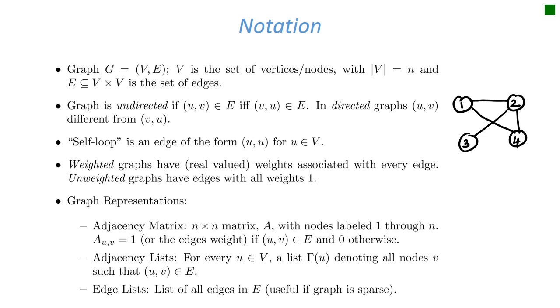So in our example over here, the adjacency matrix A of this graph G is simply a 4 cross 4 matrix.